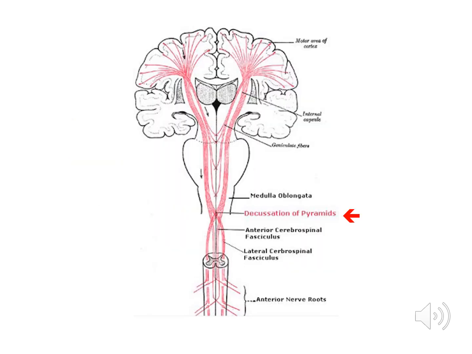One last thing I want to mention. The medulla, if you remember, is the place where a lot of the major sensory and motor fibers cross over from one side of your body to the other. So that each cerebral hemisphere controls the opposite or the contralateral side of the body. You see where the red arrow is pointing, that's where the sensory and motor fibers are crossing over to the other side of the body.